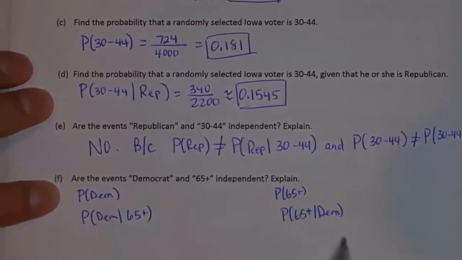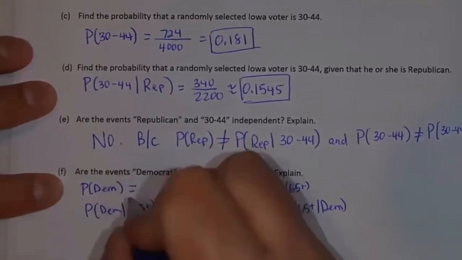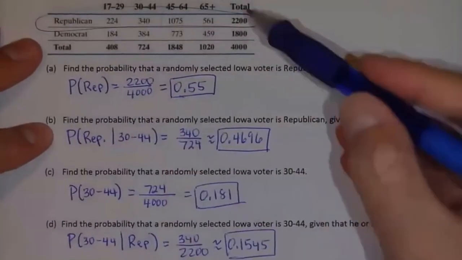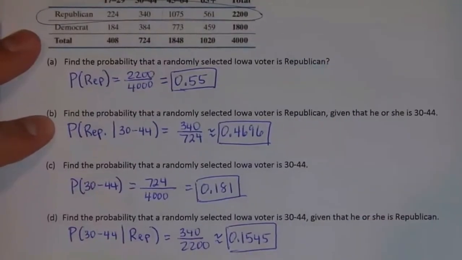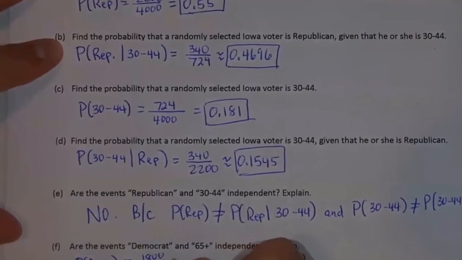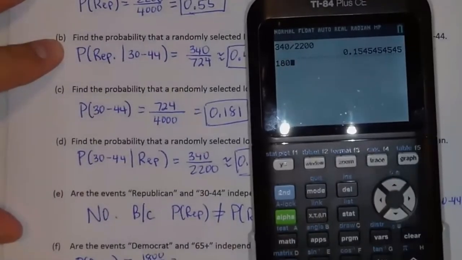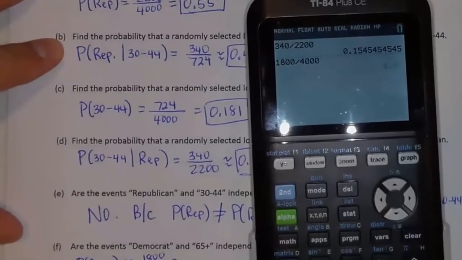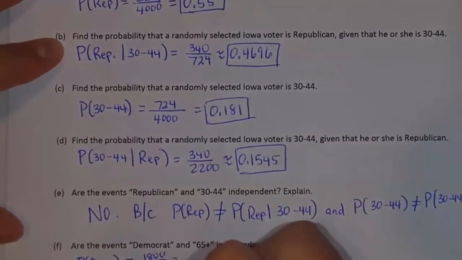I don't really have to do both, but I can do either one of these comparisons. The probability of being a Democrat would be 1,800 out of 4,000. 1,800 divided by 4,000 is 0.45.